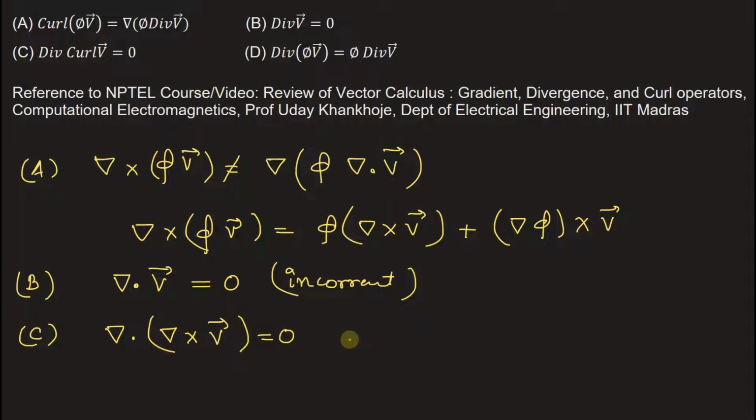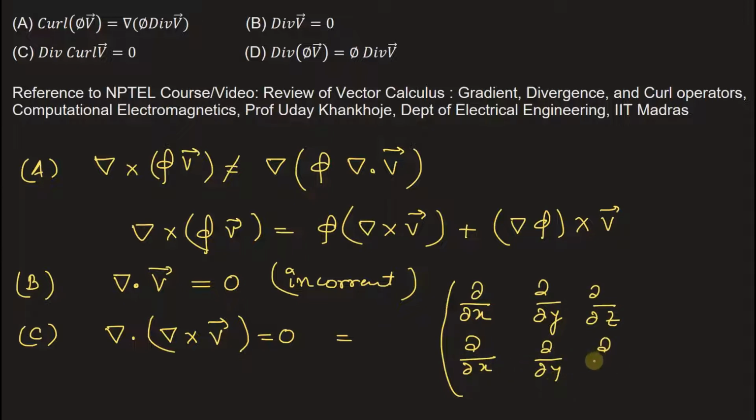So this option C is true because for any vector field, we can write this as a matrix: dou by dou x, dou by dou y, dou by dou z, dou by dou x, dou by dou y, dou by dou z of v x, v y, v z. And when we try to find the determinant of this matrix, this will always come out to be 0. This represents actually a determinant. So this is always 0. So option C is correct.